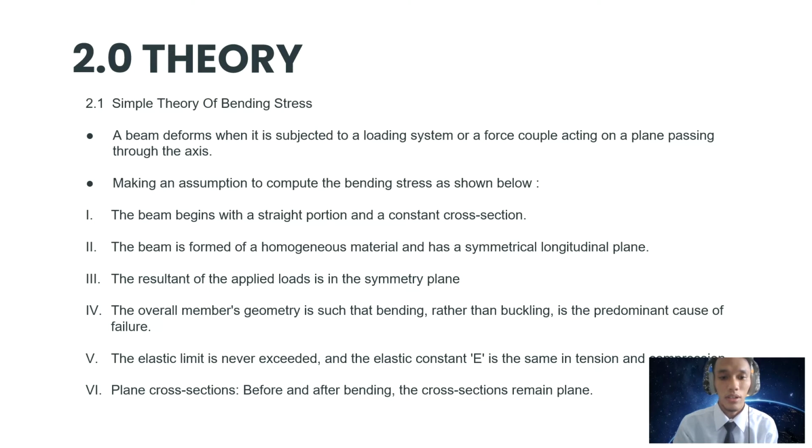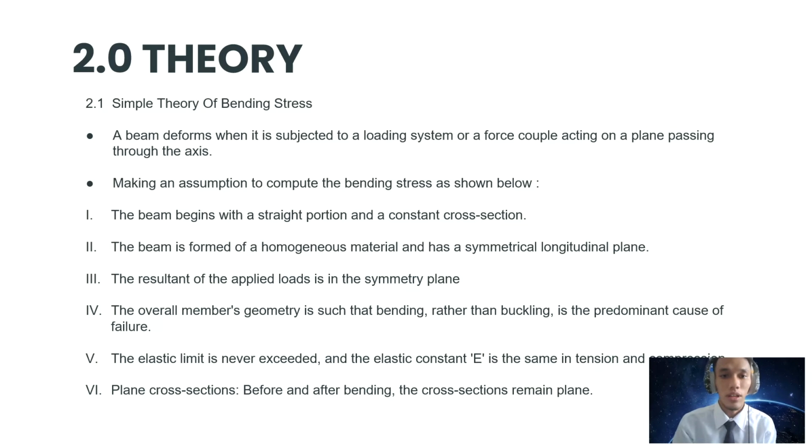Fourth, the overall member's geometry is such that bending, rather than buckling, is the predominant cause of failure. Fifth, the elastic limit is never exceeded, and the elastic constant E is the same in tension and compression. And seventh, plane cross-sections before and after bending remain plane.